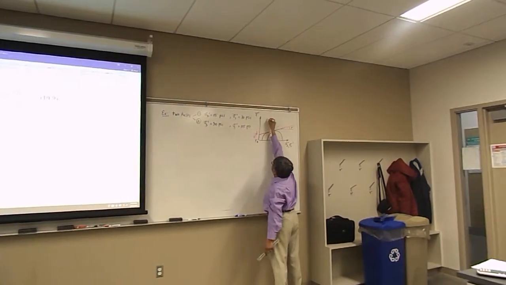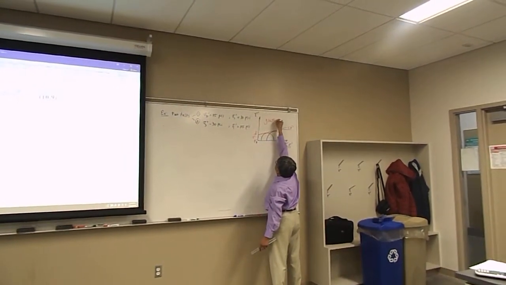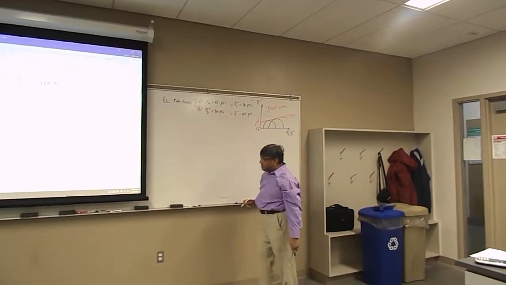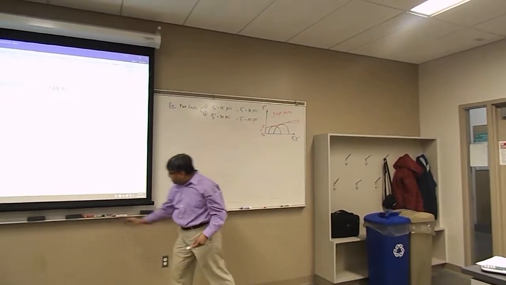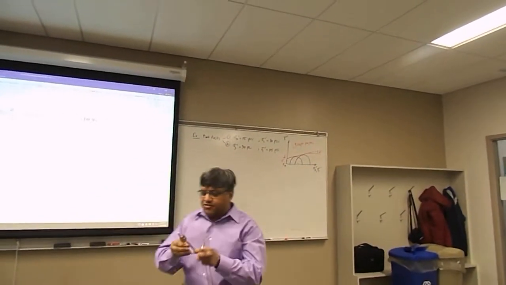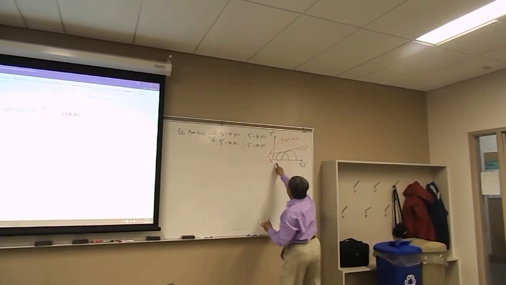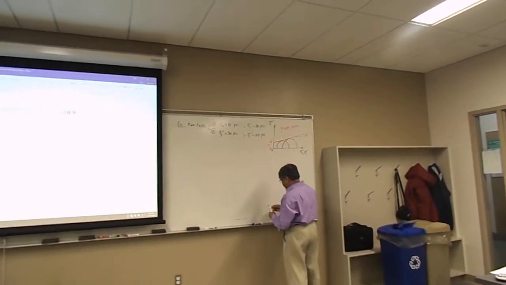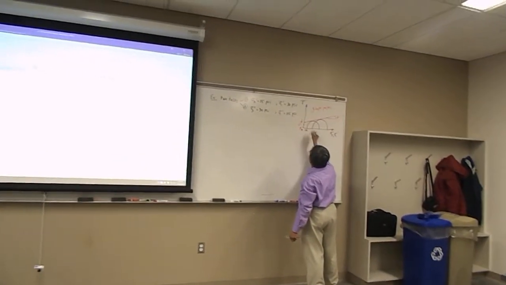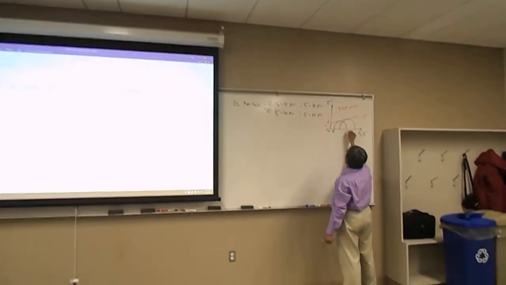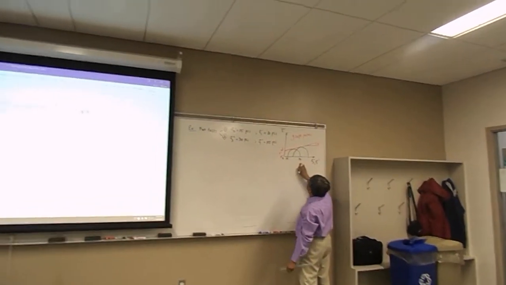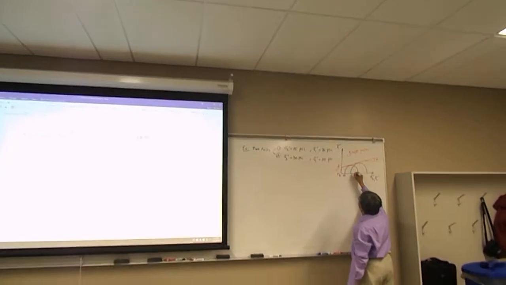For this you need a graph paper, and you need a compass to draw the circles. You set these points. This is 15 and 70. That means the center is 85 divided by 2, that means 42.5.